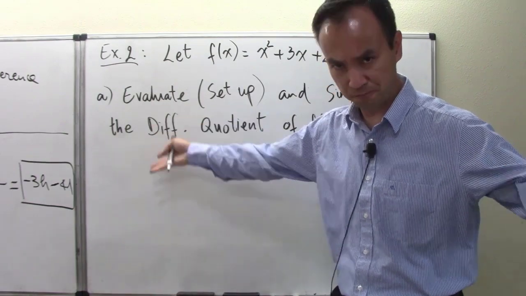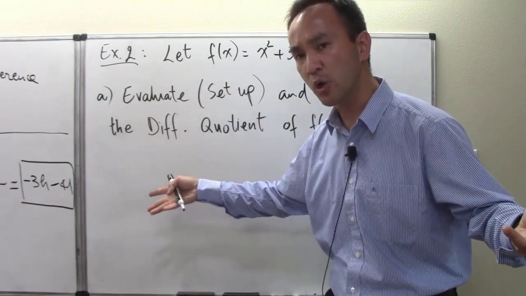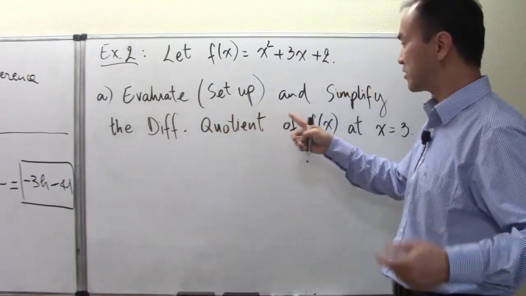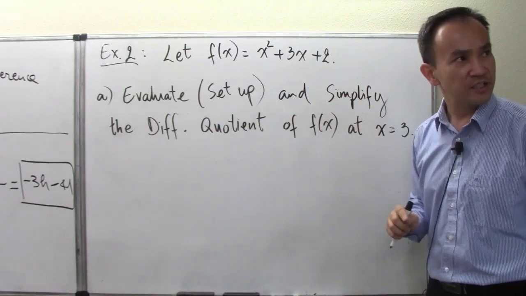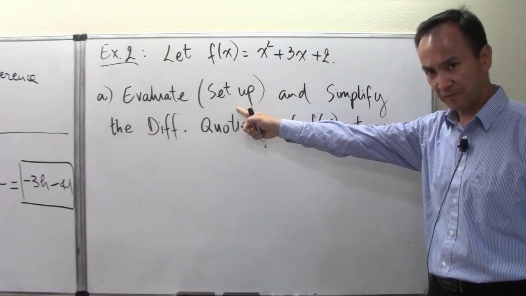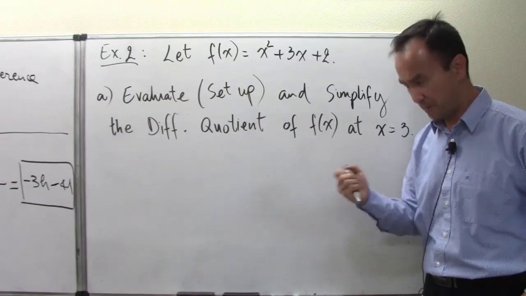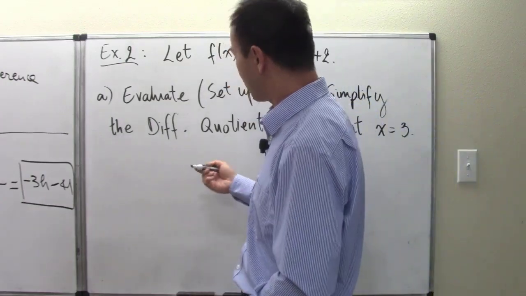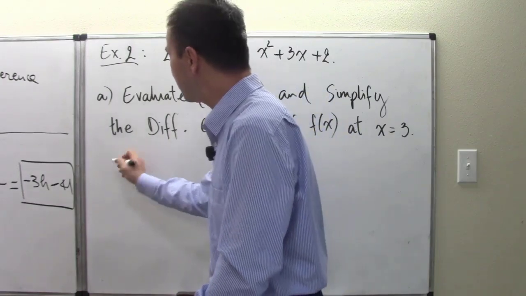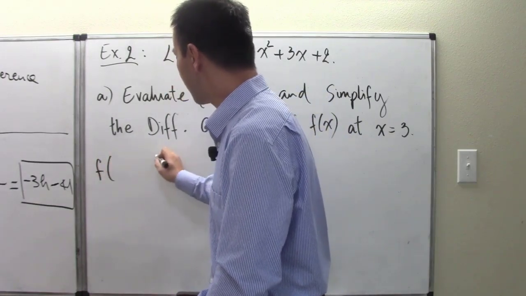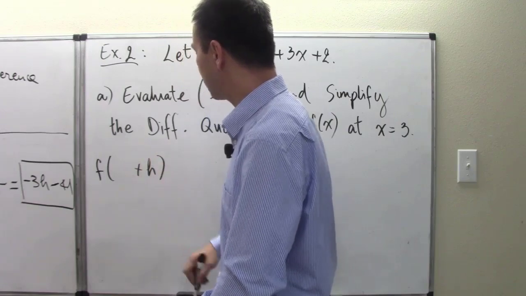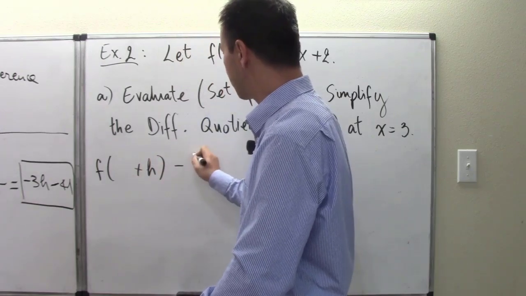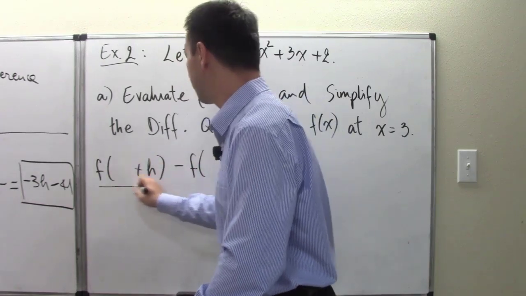We want to find the difference quotient: evaluate it and simplify. In that way, setting it up first is needed here, and that's why I have the word set up in parentheses. For the difference quotient, as the name says, we need f of, and then there's always that plus h thing, and then minus f of, and then divided by h.